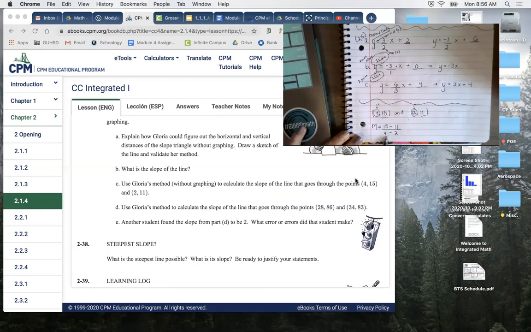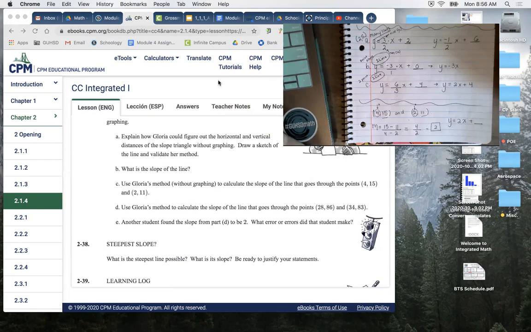So I have 15 minus 11, which is 4, over 4 minus 2, which is 2. 4 divided by 2 is just 2. That means that my slope, my y equals 2x plus, and what I don't know is my b.